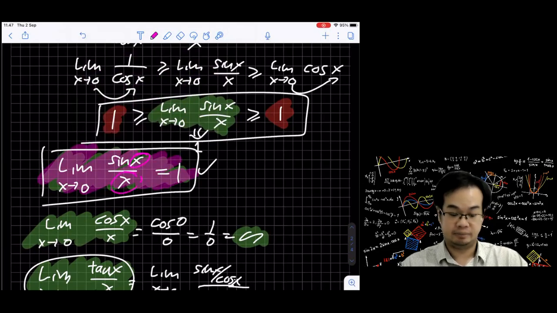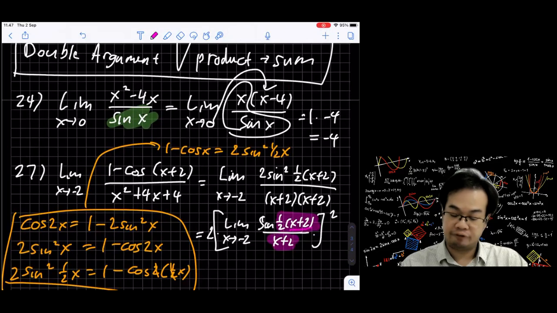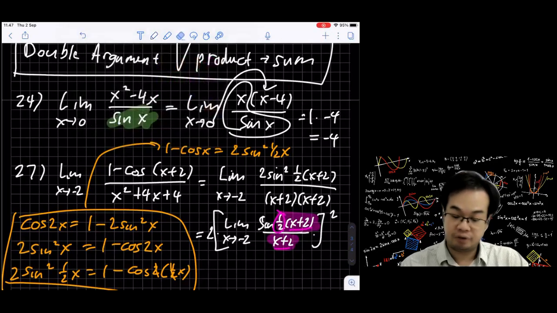We have x plus 2 and x plus 2 in the denominator, but the argument is half. So what we need to do is make the half on the denominator. How do we make the half? We multiply by half over half, both numerator and denominator.